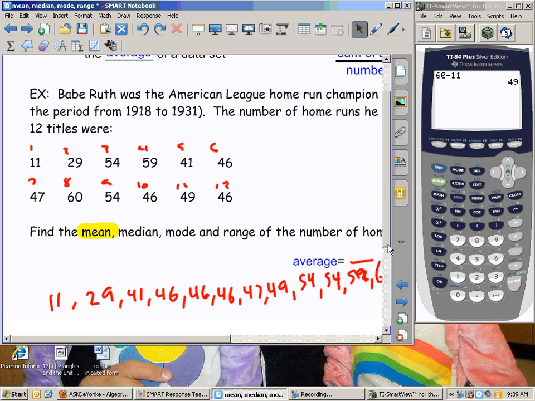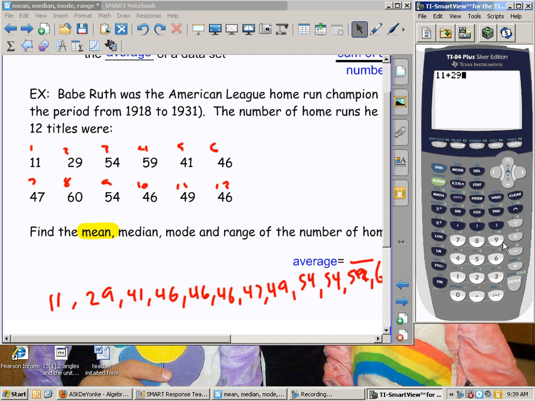Okay, I'll plug in these numbers. 11 plus 29 plus 41 plus 46 plus 46 again, plus 46.